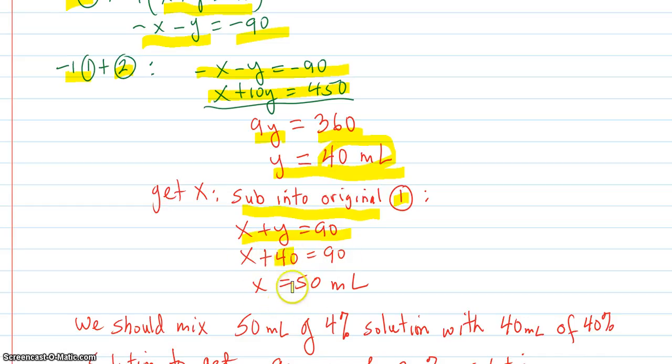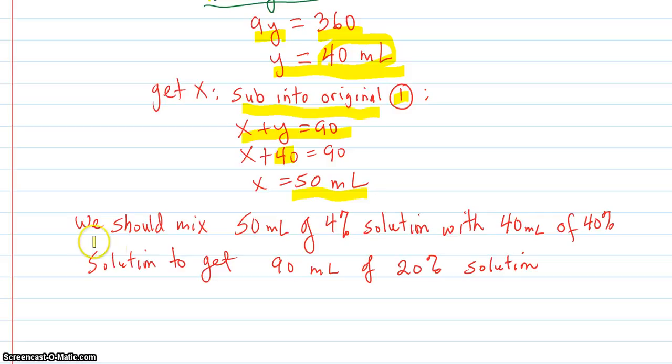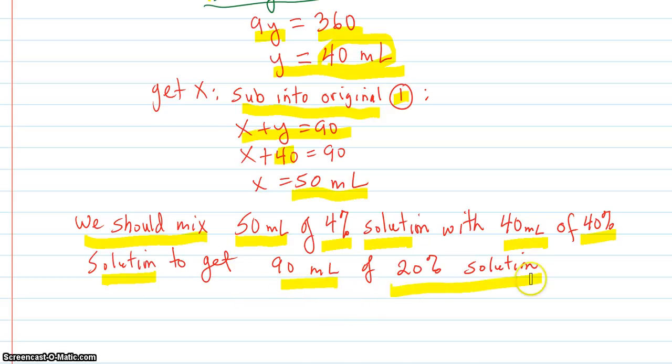X equals, therefore, by subtracting 40 from both sides, 50 milliliters. And then we're going to write it with the story. So we should mix 50 milliliters of the 4% solution with 40 milliliters of the 40% solution to get 90 total milliliters of a 20% solution.